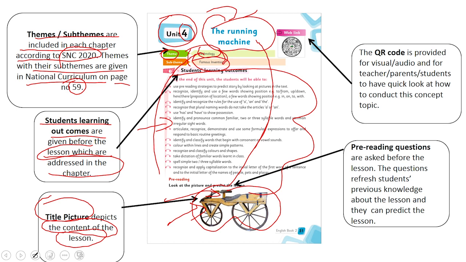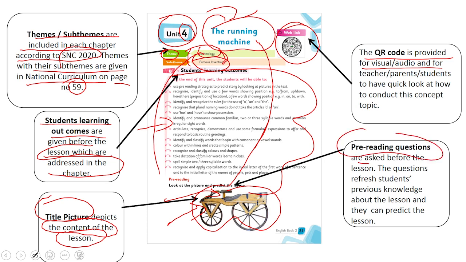The QR code is provided for visual and audio material, for teachers, parents and students to have a quick look at how to conduct this concept or topic. By scanning this code, you can learn more about the topic. It may contain practice of grammar skills or pronunciation skills or anything else, so you can learn things properly.